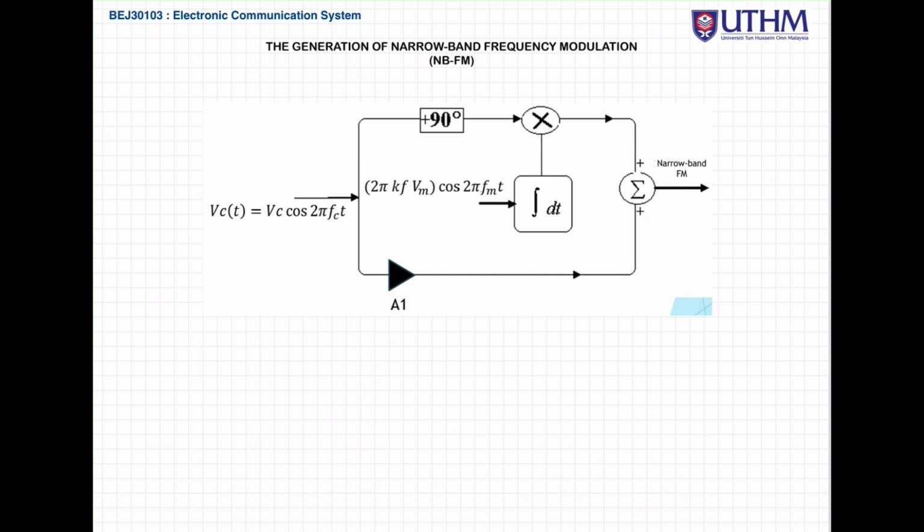Today I will show the generation of narrow-band frequency modulation, or NBFM. As we know, we have two types of frequency modulation: narrow-band FM and wideband FM. The difference is that narrow-band FM has a smaller bandwidth compared to wideband FM.